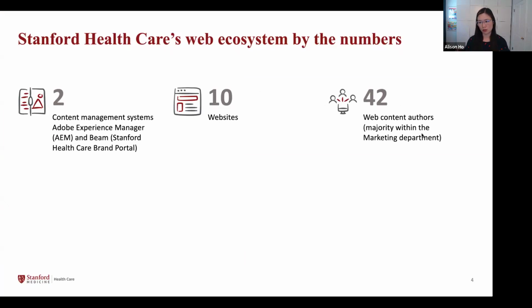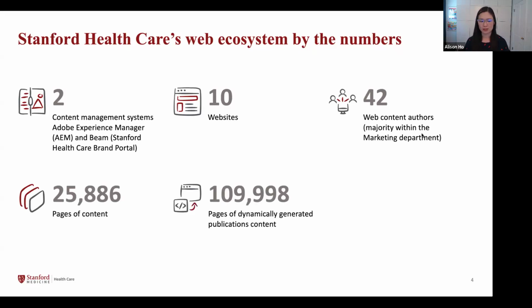So we definitely work on a more centralized model versus a distributed model, in which almost all of the content that is on the website goes through our team at one point or the other. We have about 25,000 to 26,000 pages of content that actually need to be manually supported, which is quite a daunting task, and then about another 110,000-ish pages of dynamically generated content.